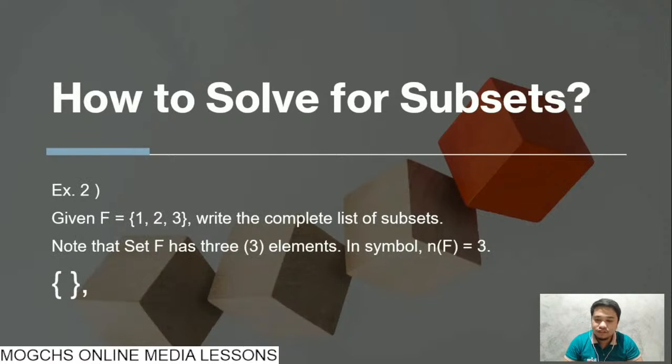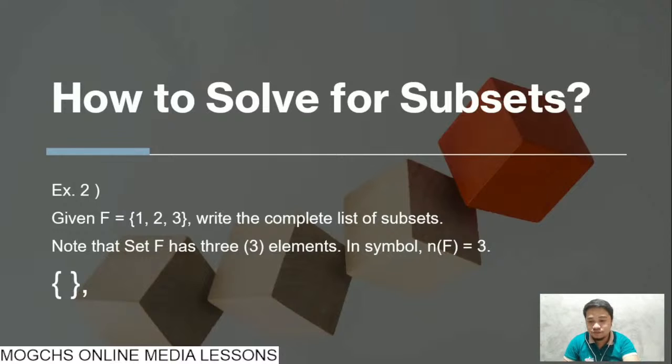Example number 2. Given a set F which has 3 elements. Write the complete list of subsets. Note that set F has 3 elements. In symbol, n of F is equal to 3. First, we have the empty set.